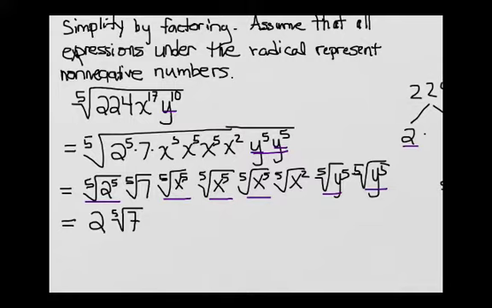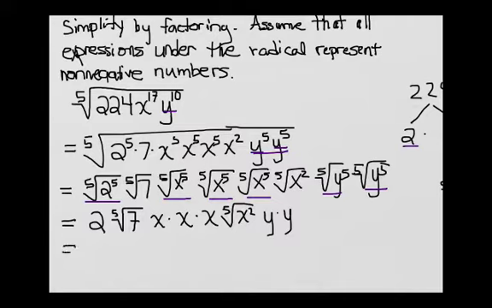The 5th root of x to the 5th is x, and the same for the other two. The 5th root of x squared also needs to stay because there's no way for us to simplify that any further. The 5th root of y to the 5th is going to be y, and the 5th root of y to the 5th is going to be y.